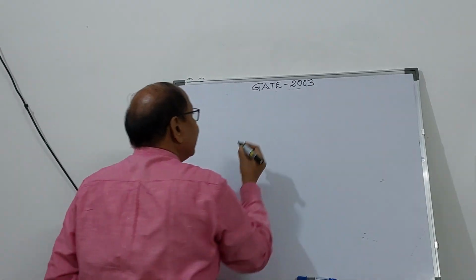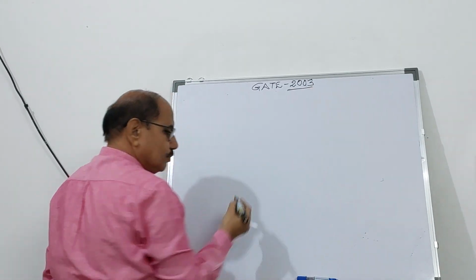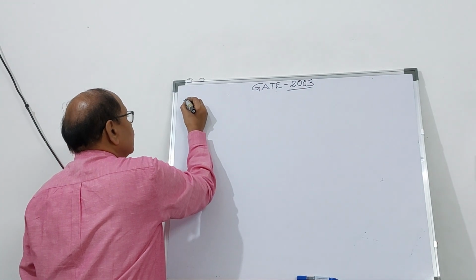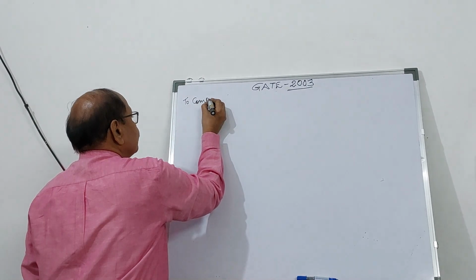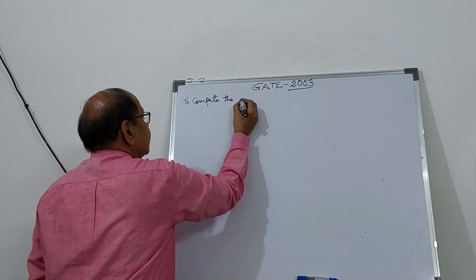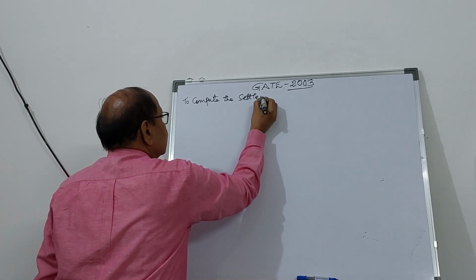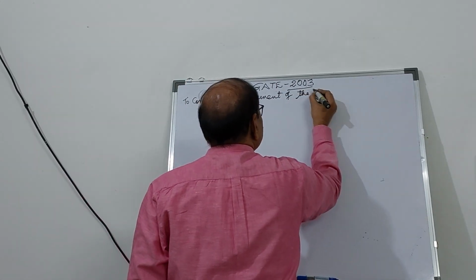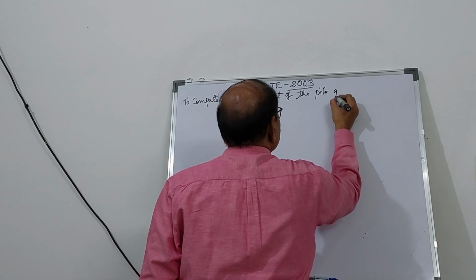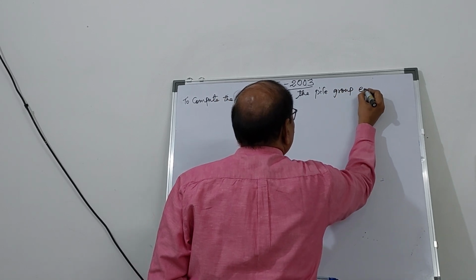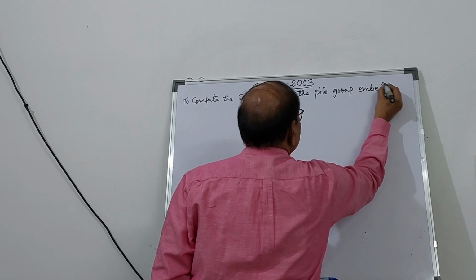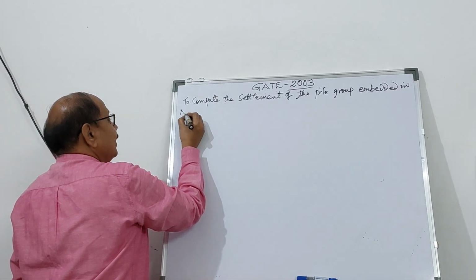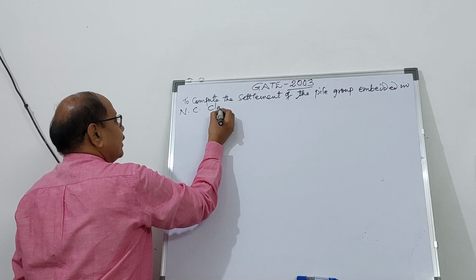This is a 2003 GATE problem: to compute the settlement of the pile group embedded in normally consolidated clay.